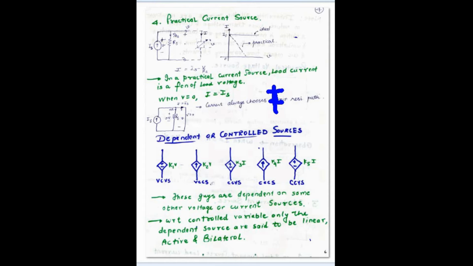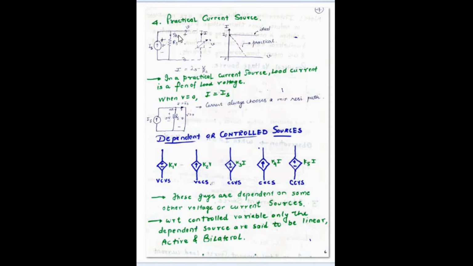At this point, one important observation here is when V equals 0. This is the simple equation: I is equal to Is minus V by Rs. I will explain how this came when we take up KCL and KVL.